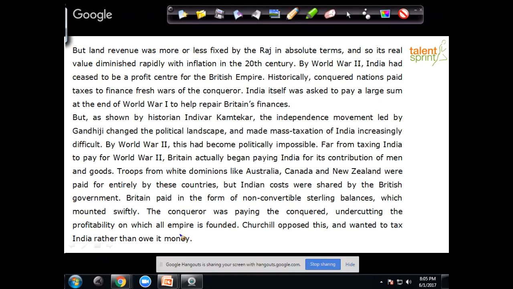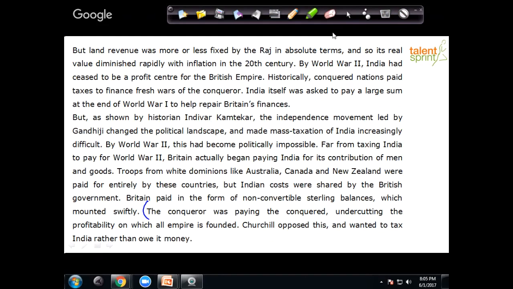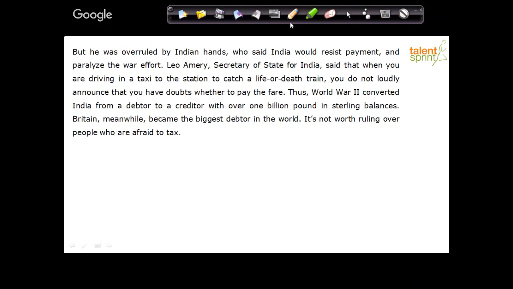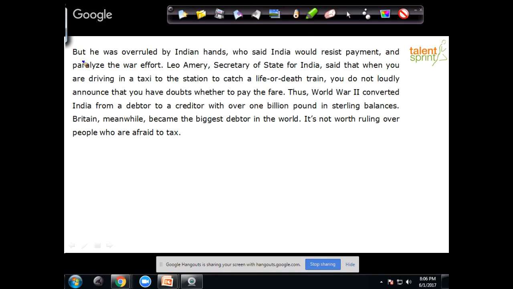Right here. Last but one paragraph, last line it says, the conqueror was paying the conquered, undercutting the profitability on which all empire is founded. Churchill opposed this and wanted to tax India rather than owe it money. But why didn't it do it? This one. But he was overruled by Indian hands who said India would resist payment and paralyze the war effort.